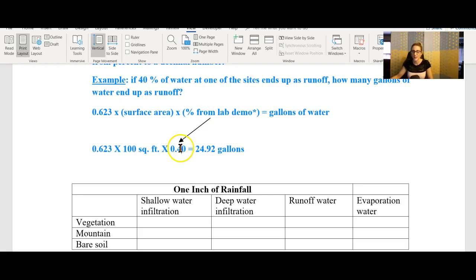Remember, before you multiply it, you don't just multiply that percentage number. So if we're putting in 60%, it would be 0.60. That's what 60% is.